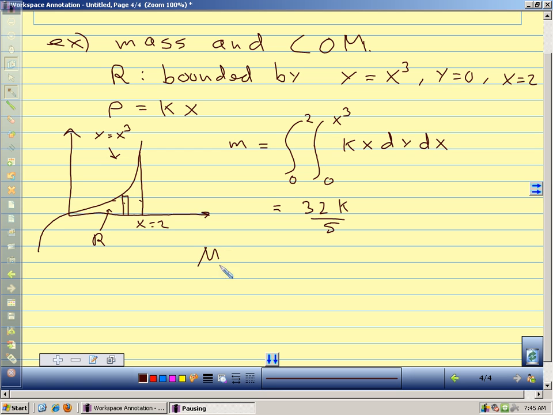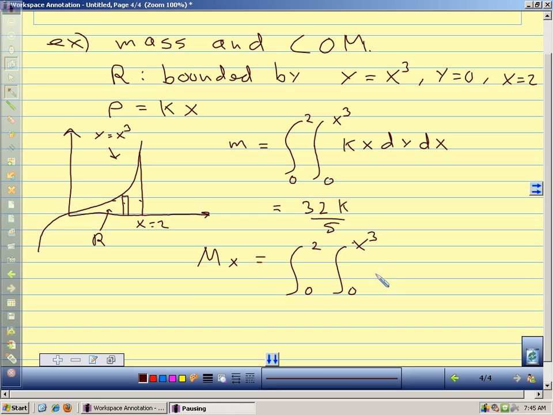Our moment about the x-axis. We've set up our integral. Our limits stay the same, so we can just put this in our integral. We found our region, and we need to weight this by its distance from the x-axis.